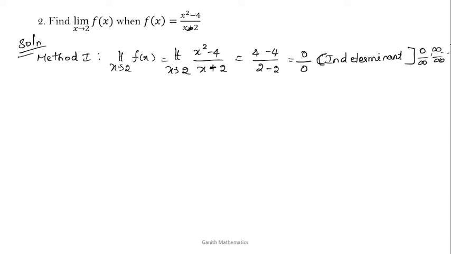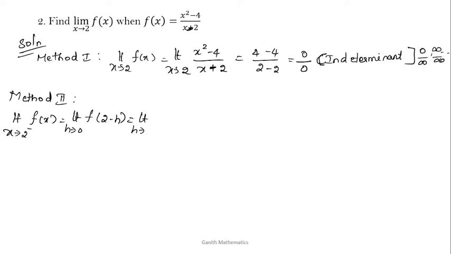Either you can go with the definition method, that is what we have found, left hand limit and right hand limit, and in that way you can find. Otherwise, method 2, that is left hand limit and right hand limit. So limit x tends to 2 minus f of x is equal to limit h tends to 0 f of 2 minus h.